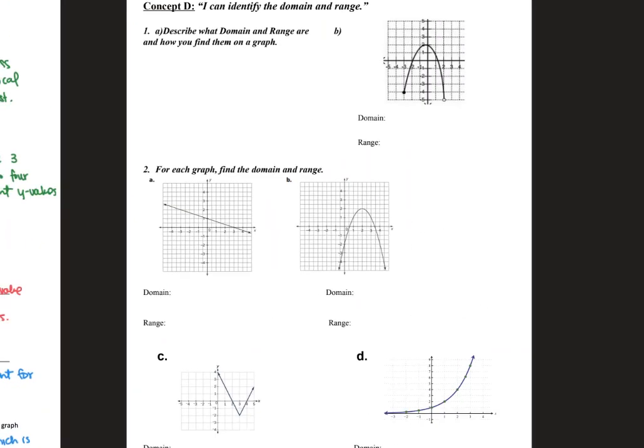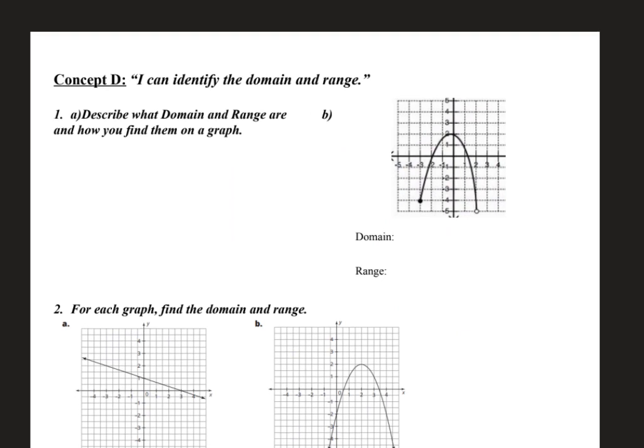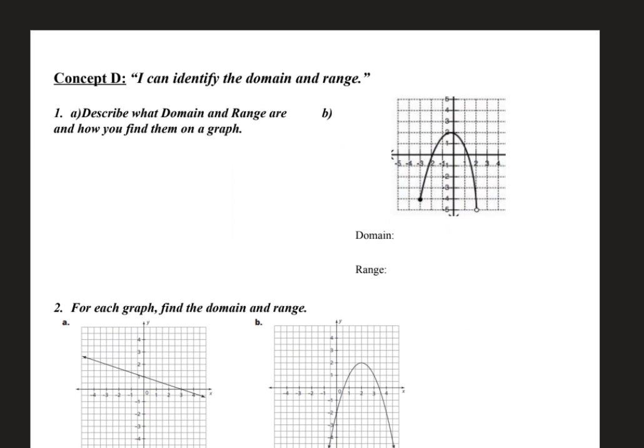All right. So now let's look at concept D. I can identify domain and range. Part number 1 says describe what the domain and range are and how you find them on the graphs. So the domain is going to be all input values a relation can have.